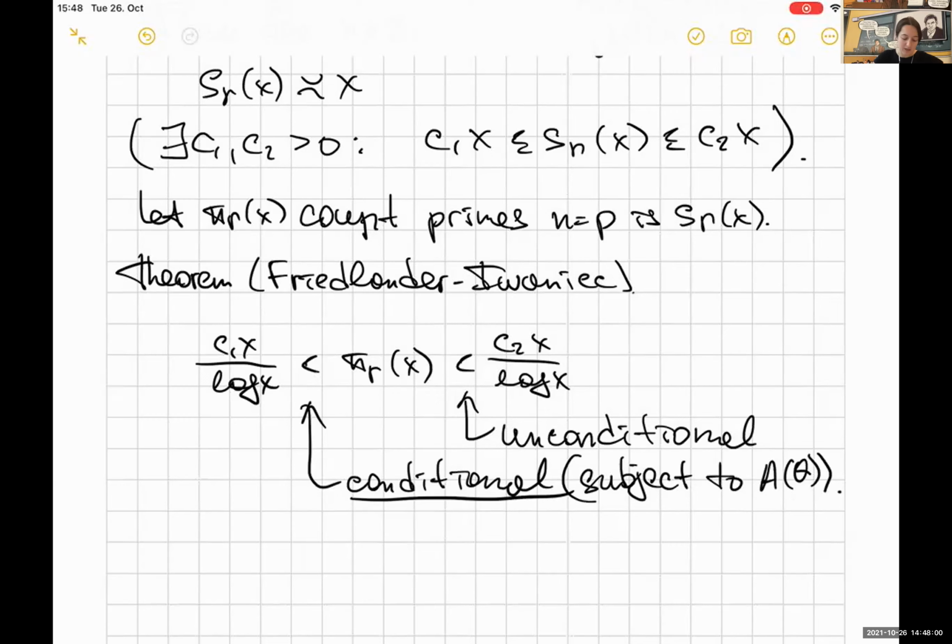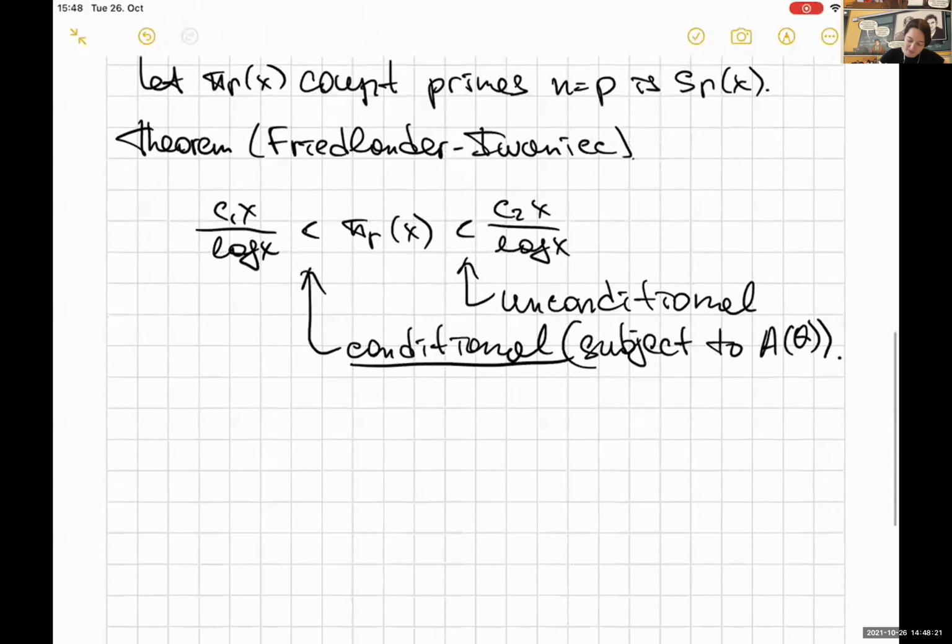So when we are trying to prove our theorem, we allow, instead of primes, to have square free numbers. This means that our level of distribution is going to be much higher, and this means that we have the condition A of theta automatically for larger theta than for the primes. So this is the motivation why everything would work. But let me formulate what A of theta is.